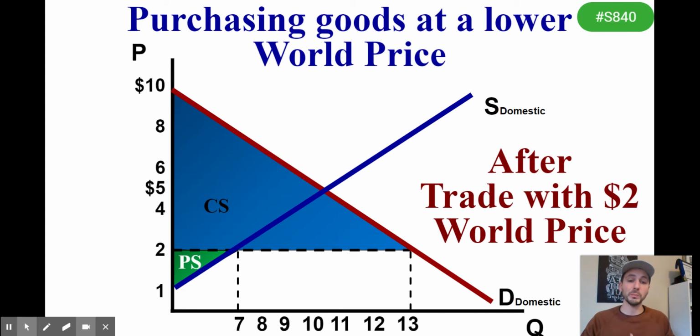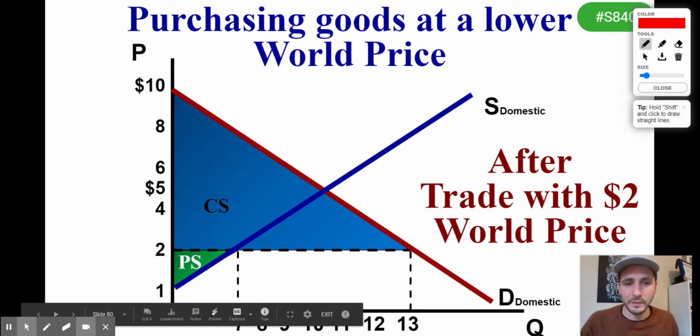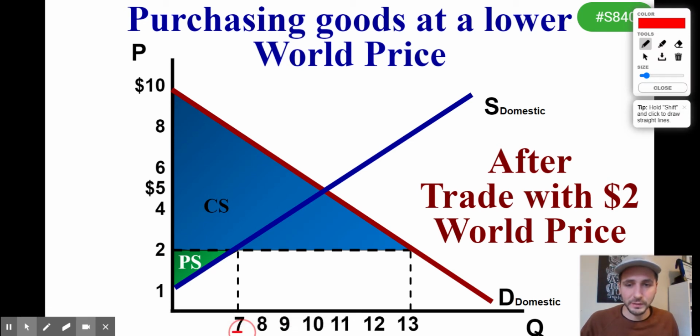My shortage is incomplete. In fact, I'm going to import to cover all of those lost goods. So the quantity that's actually being supplied is only 7 down here. And domestically, the quantity we demand is 13. So we are going to import that shortage. And so we're going to import 6 units to cover that gap.